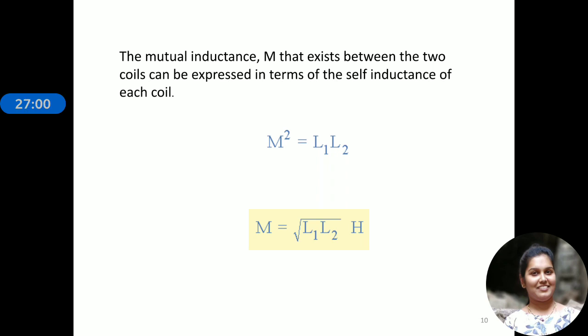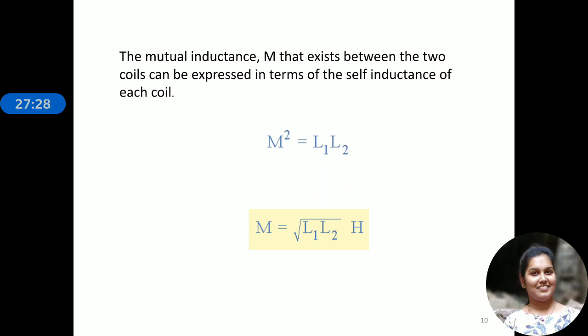And because of the self inductance of L2, mutual inductance will be developed in L1, right? These are the points we have discussed till now, and I have shown you an expression which gives what is meant by M, L1 and L2. Now we'll see what is meant by coefficient of coupling.